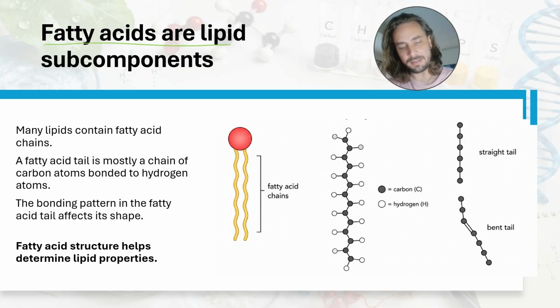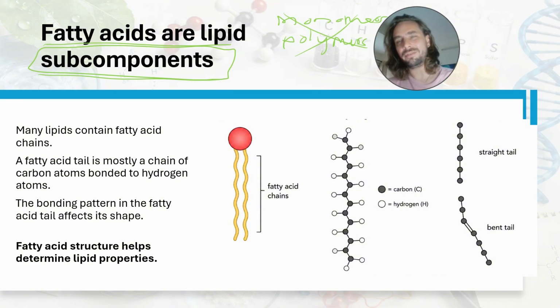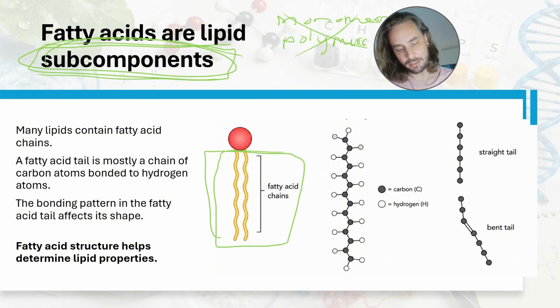Now, fatty acids are lipid subcomponents. Now, we've learned in carbohydrates that we get monomers and polymers. Now, fatty acids don't really have true monomers and true polymers. Okay, we say that they have subcomponents. Now, many fatty acids are lipids, and here is a fatty acid chain that we find.